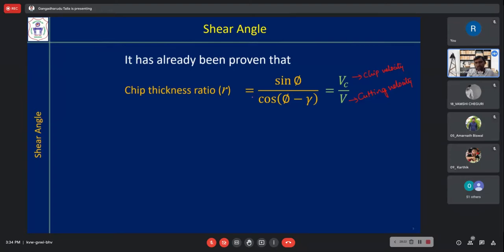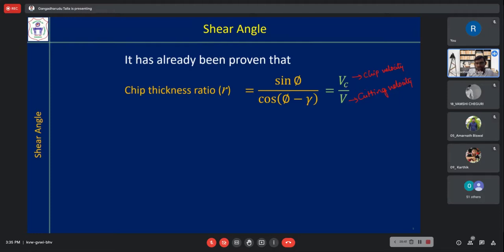Now how is this R equal to Vc by V? This we will see in the coming slides, why this Vc by V becomes sin phi by cos phi minus gamma. For the time being, understand that Vc is chip velocity, V is cutting velocity.